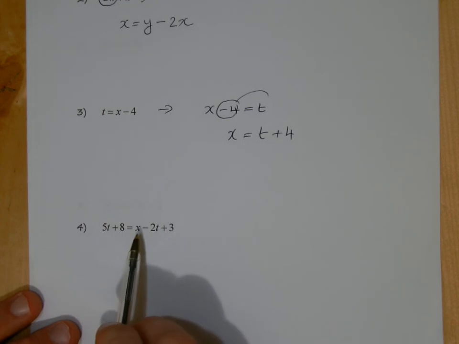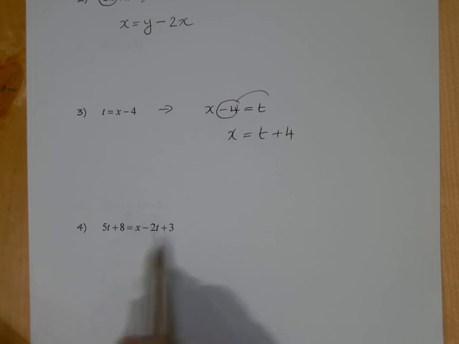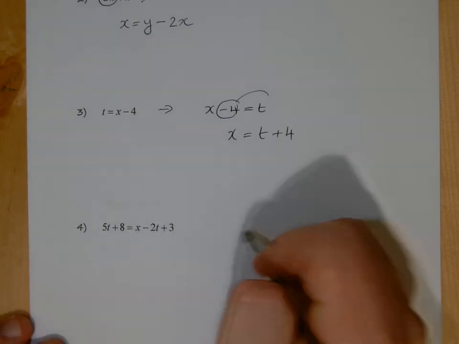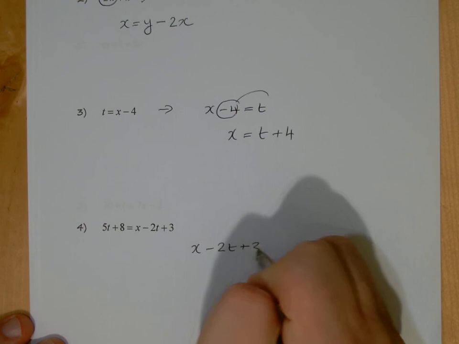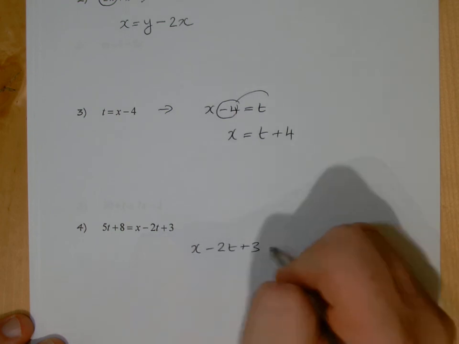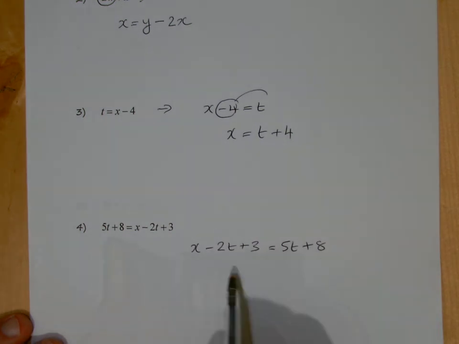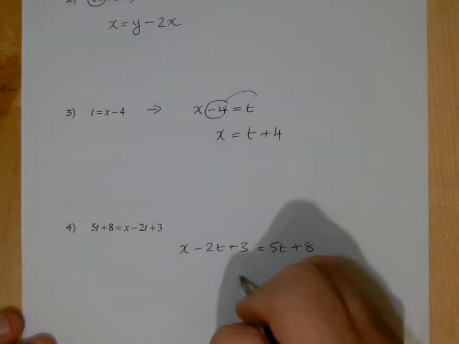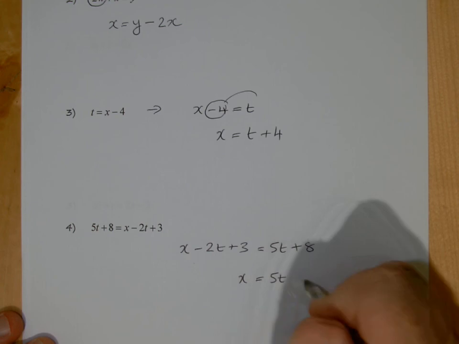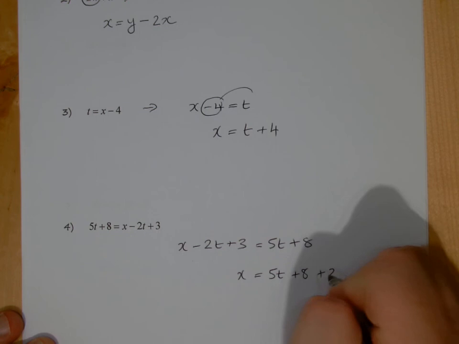The last one then. Again you'll notice I've got that x on the right hand side, and we don't want to be dealing with it like that. So let's write it the other way around. This can be rewritten as x minus 2t plus 3, copying exactly what you see on the right hand side, equals 5t plus 8. Then get everything over to the other side and just leave x here. So I've got x equals 5t plus 8. If I take that minus 2t over, it becomes a plus 2t.